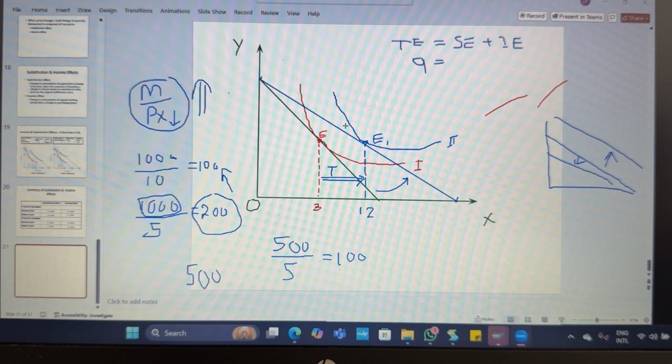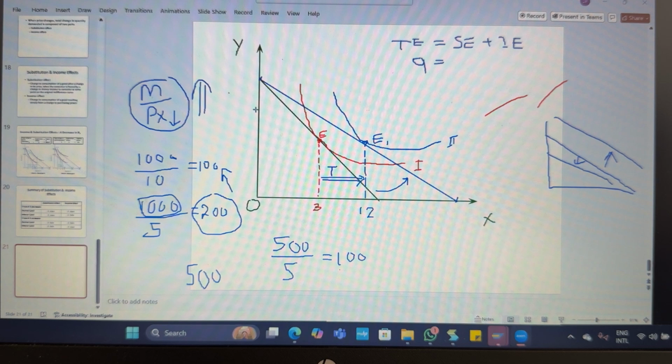So keep your ruler on this blue color budget line and shift it gradually towards the origin in a parallel fashion. I hope that you can do this.